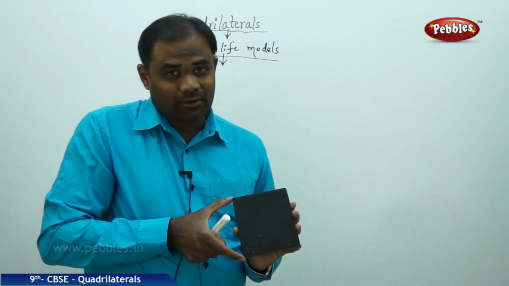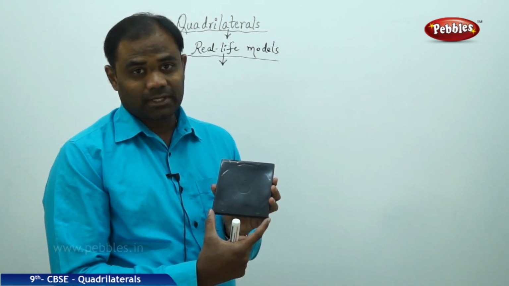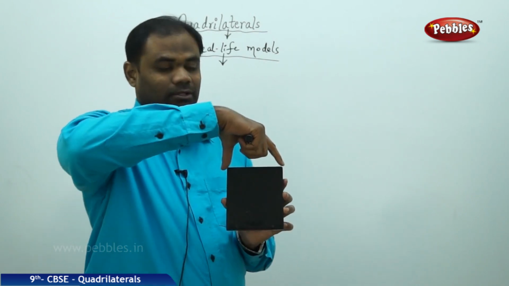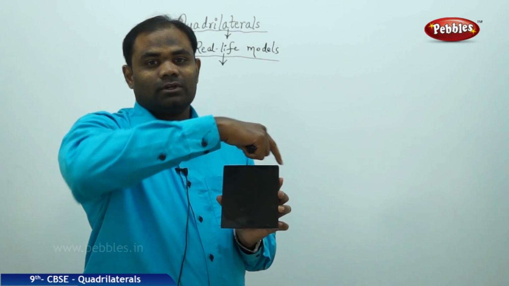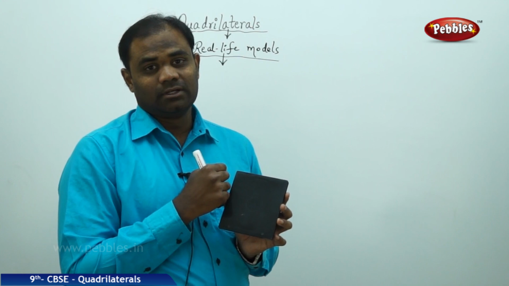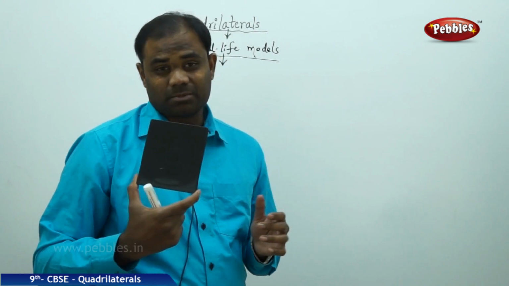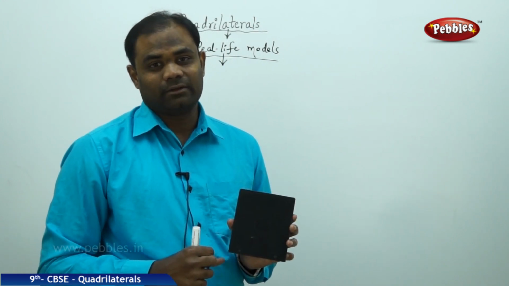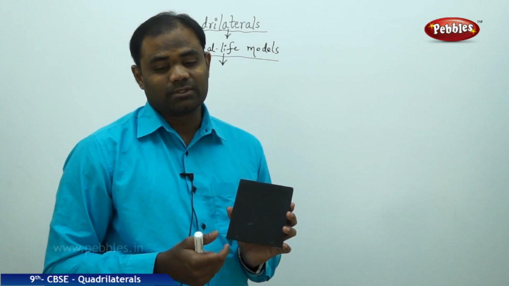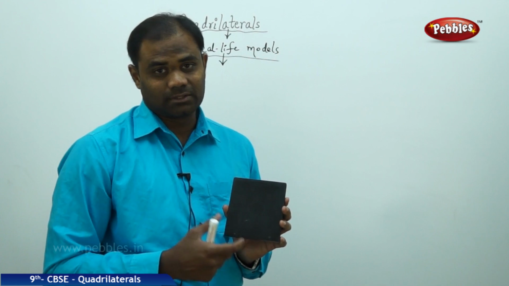The length of the side here is the same as the length of the side here, which is the same as that here and the same as that here. So all the sides are equal and each angle is 90. So I need to give some special name for this quadrilateral. So let's see the different types of real life models as we discuss.